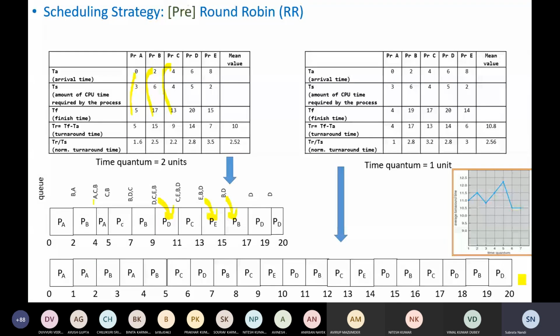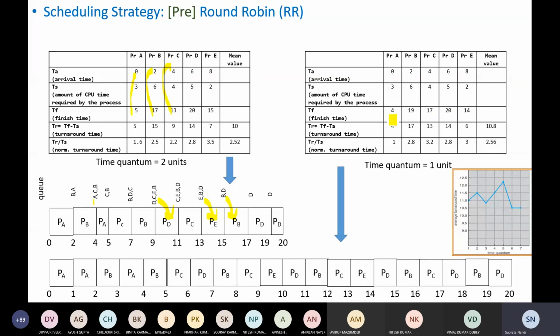If we compute the finish time, the finish time for A, if you scan from the end, the last occurrence of A is here, so it will be 4. The finish time of B will be 90, since this is the last time B occurred. Finish time of C will be here 70, like this.